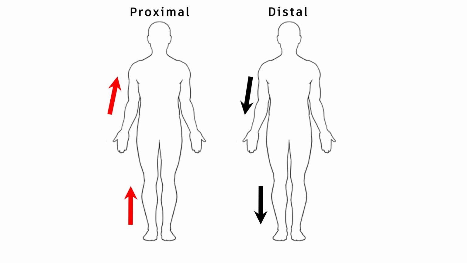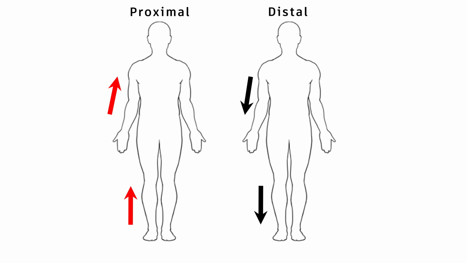So if it's closer to the shoulder, you could say the wound is proximal to the elbow, right? So it's closer to the shoulder compared to the position of the elbow. You could say, well, it's distal to the elbow, so it would be between the elbow and the hand. That's how that works, okay?